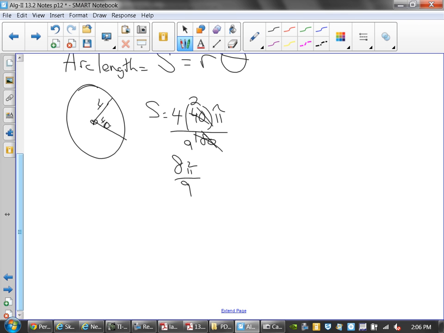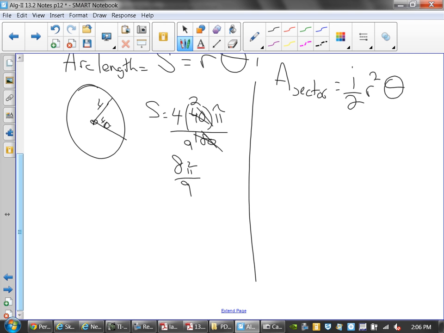If I wanted to do the same idea, but working with, excuse me, the area of the sector, that's 1/2 the radius squared times theta. Again, theta is your degree measure in radians.